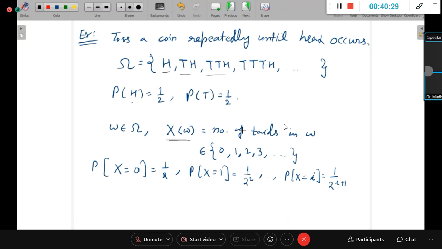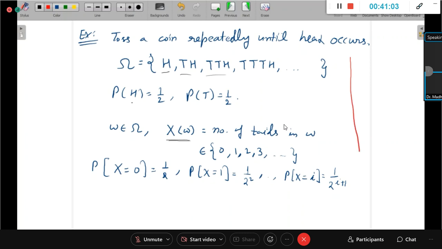If you define the number of heads in w, all are 1. In each event, the number of heads is 1, so x can take only one fixed value, a constant.